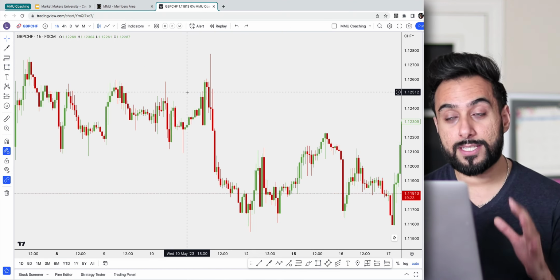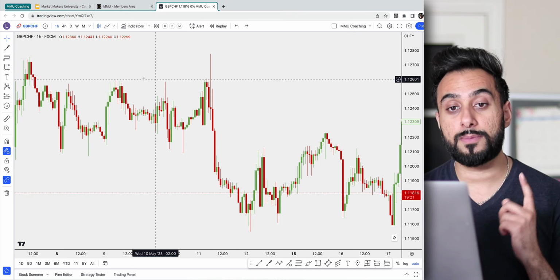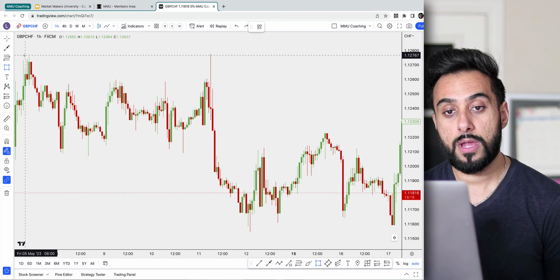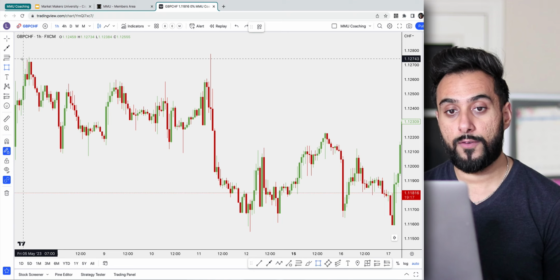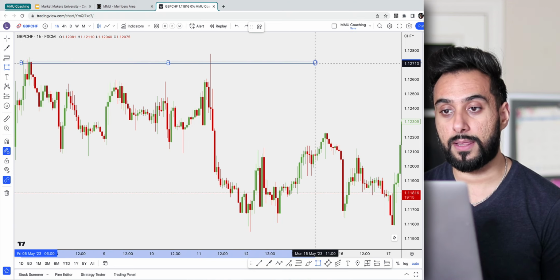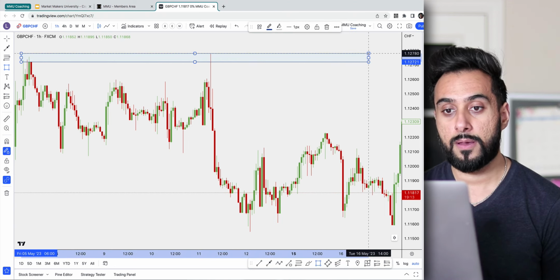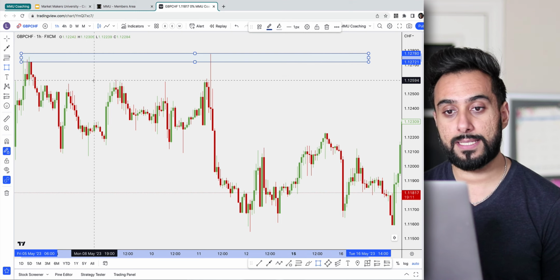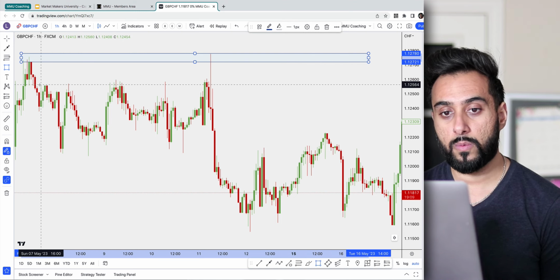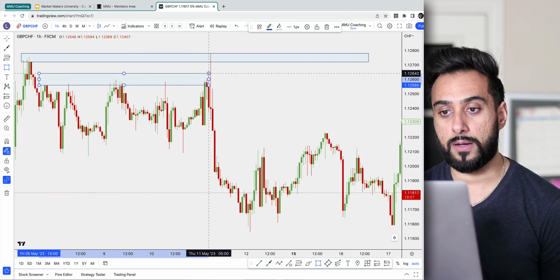Now, I'm going to put all of this together, everything that we learned today, and draw some zones on this chart right here. So let's talk about the first zone. First zone would look something like this. The next cleanest zone I see would be right here.